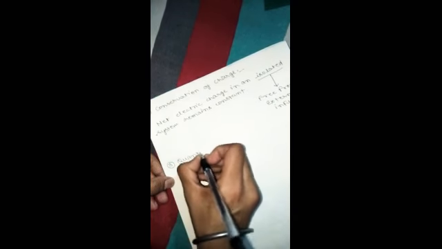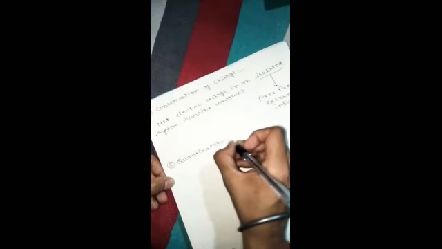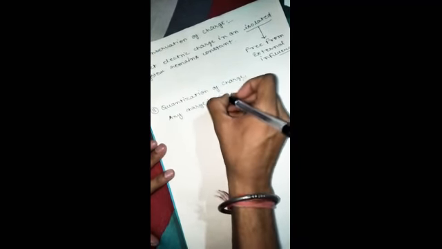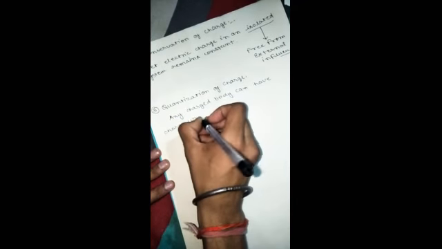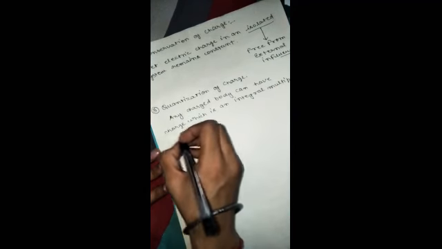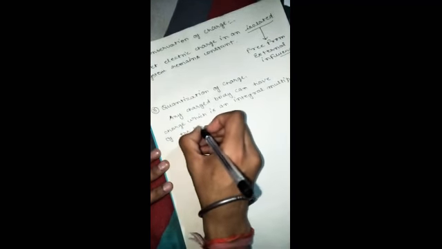The next property is quantization of charge. What is said? That any charged body can have a charge which is an integral multiple of the basic charge.